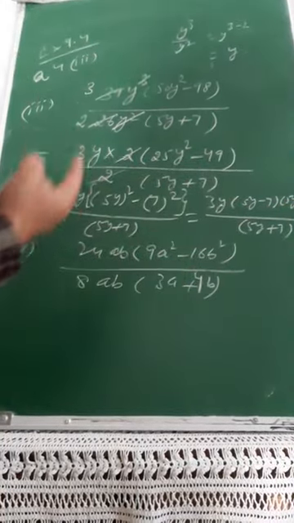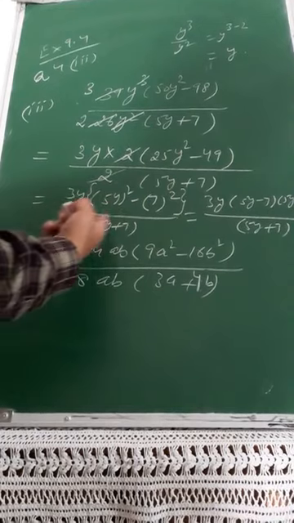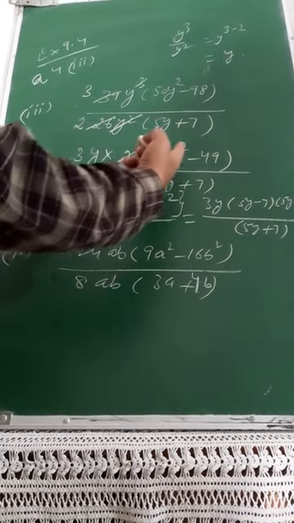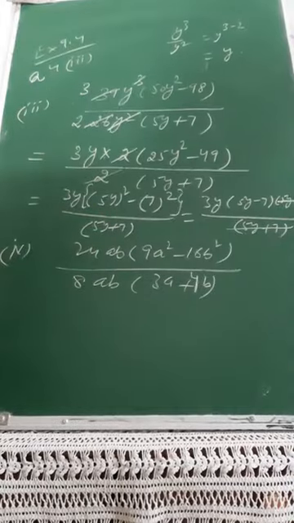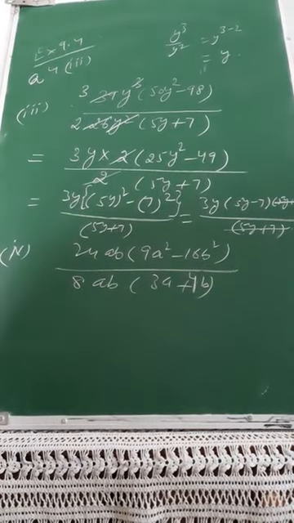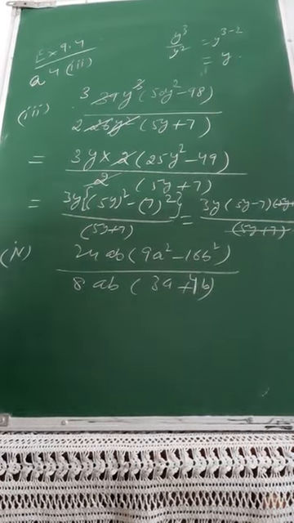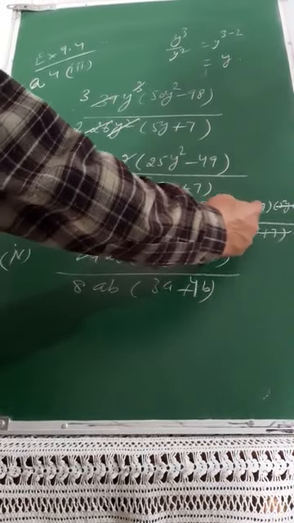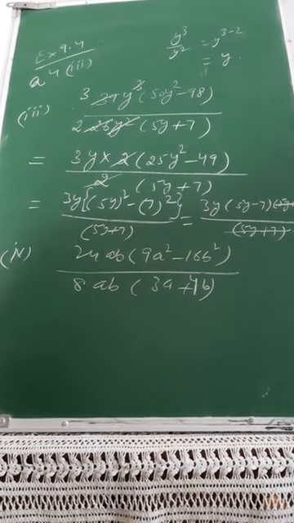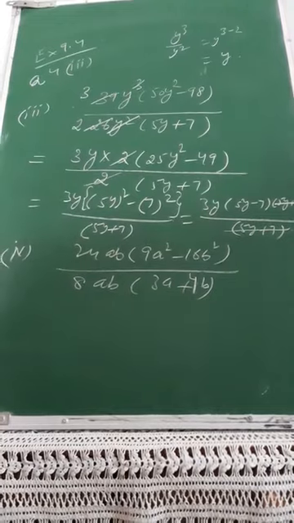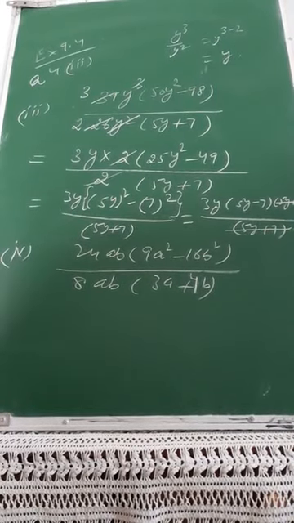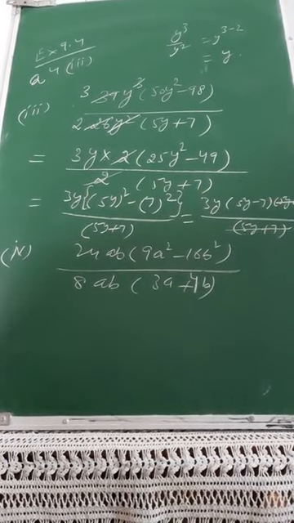Most of the time, whatever is given in your denominator you will get in factorized form somewhere in the numerator, and finally you can cancel 5y plus 7 with 5y plus 7 and leave your answer as 3y into 5y minus 7. So the answer for this will be 3y into 5y minus 7. I hope that is clear.